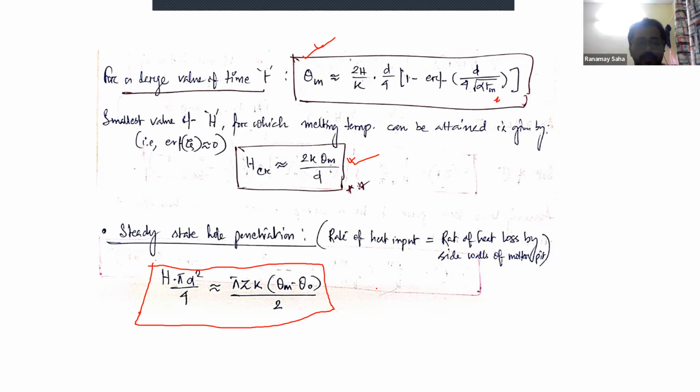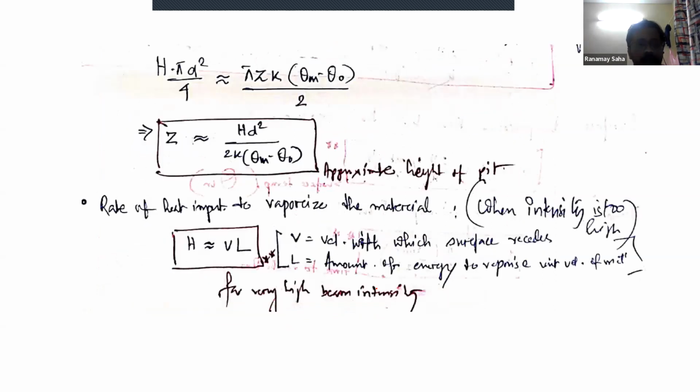Having recapitulated all these equations in the case of the laser beam machining process, we will then move to some numerical problems. But before that, from that energy balance you derive this approximate height of pit which you can achieve.